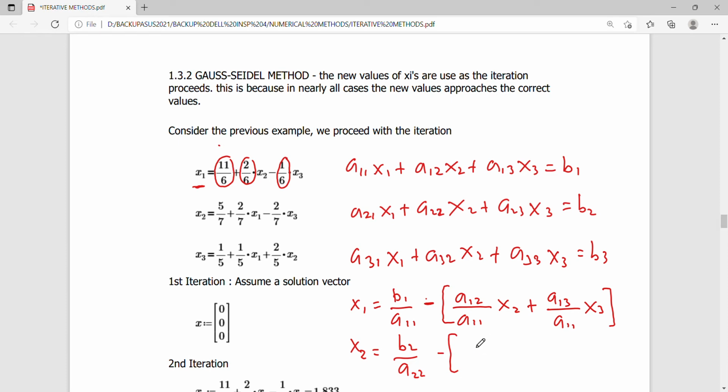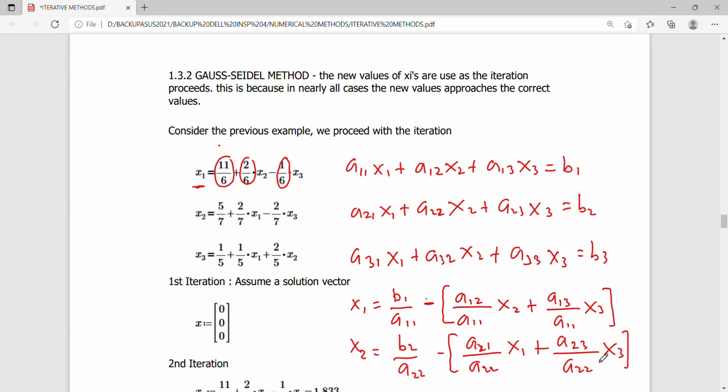Now we skip a22 and start with a21 over a22 x1 plus a23 over a22 x3.